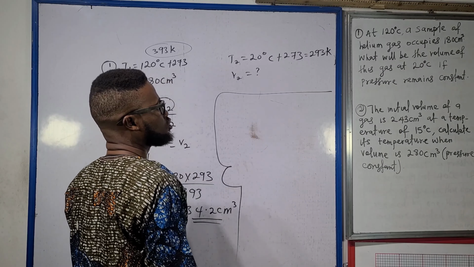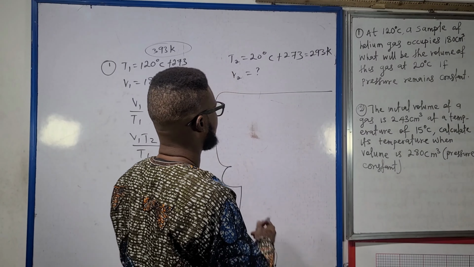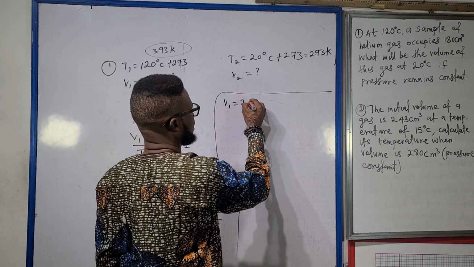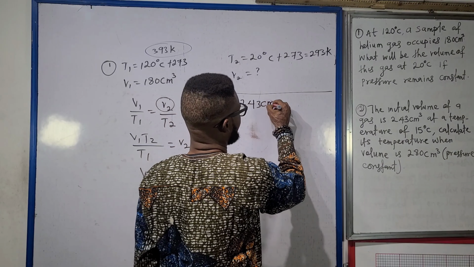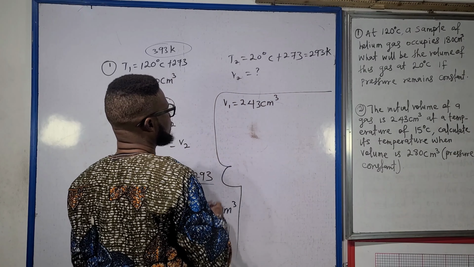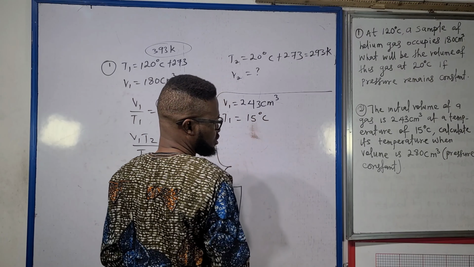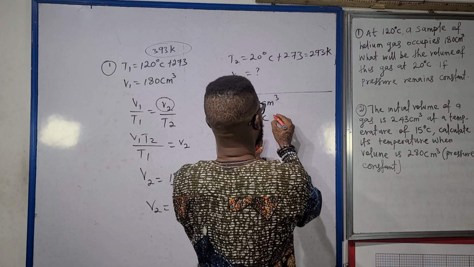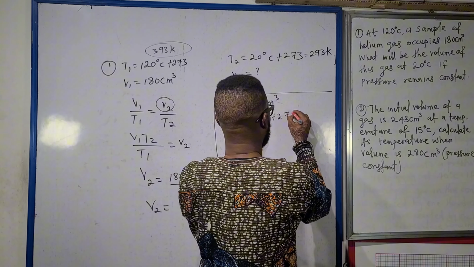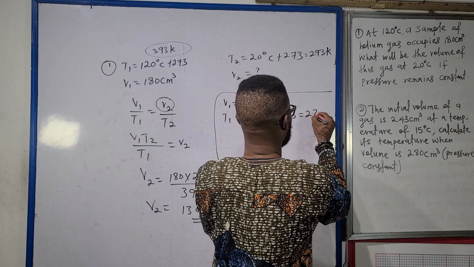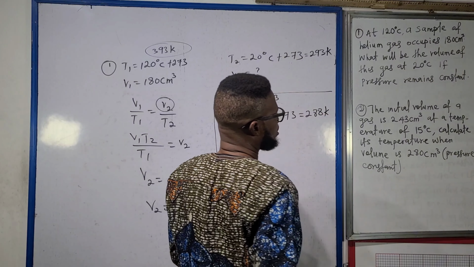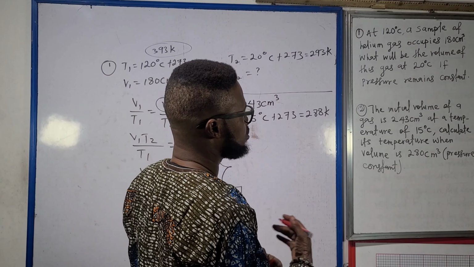Question 2, the initial volume of gas is 243, so V1 is 243 cm cube at a temperature of 15 degrees Celsius. T1 equals 15 degrees Celsius. Converting this is going to be plus 273, and that's going to be 288 Kelvin. Calculate its temperature when volume is 280.